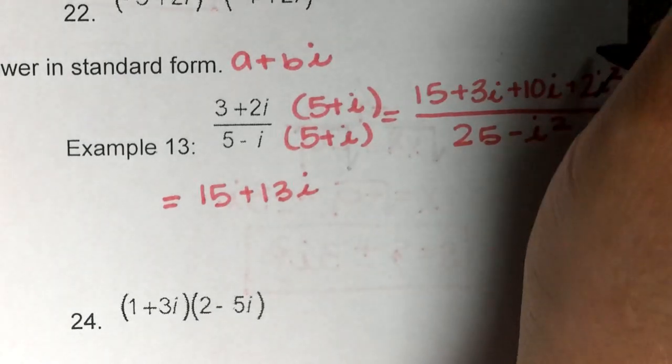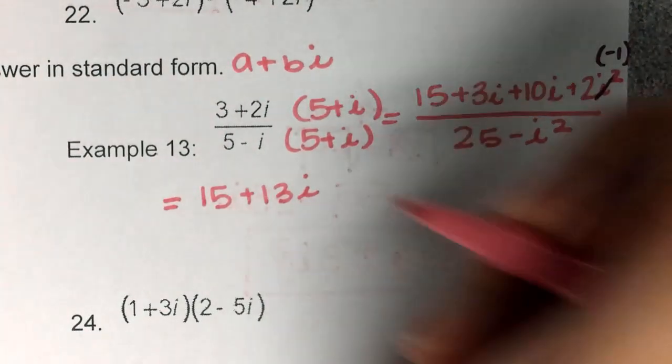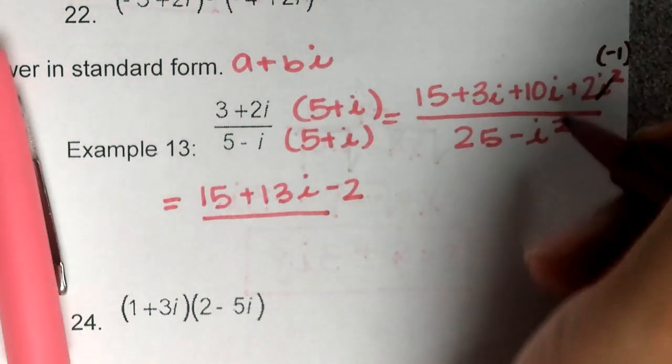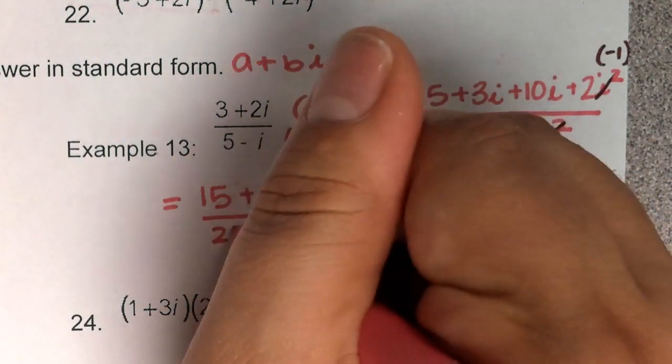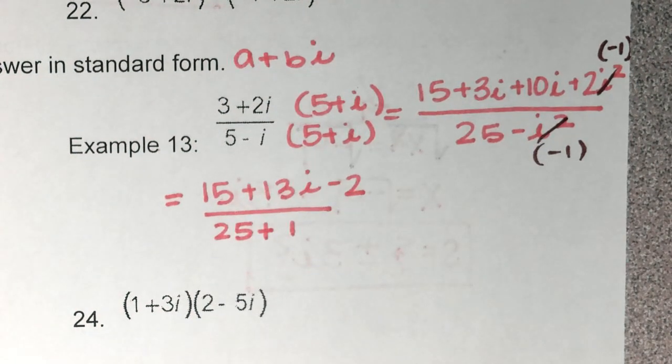Again, what's i squared? Negative 1, so this is going to be... What do I get here?